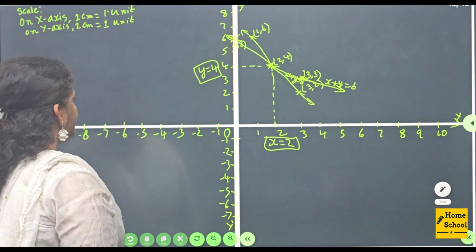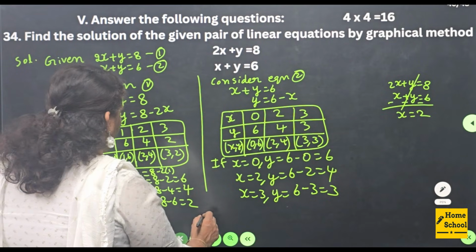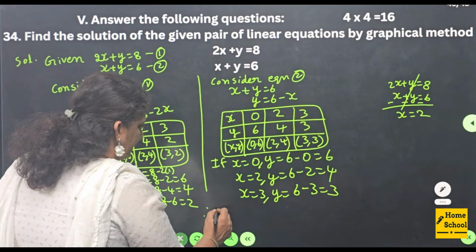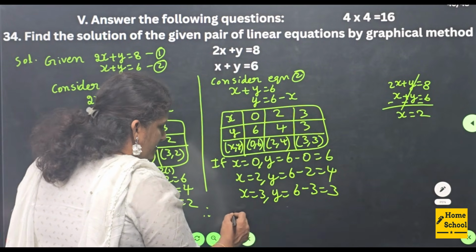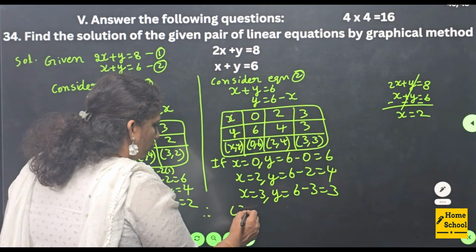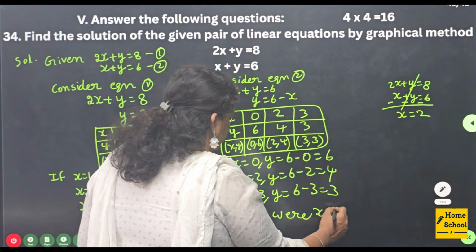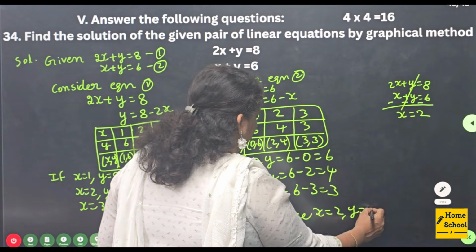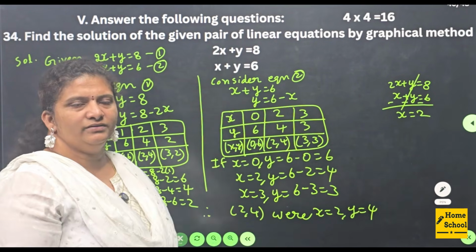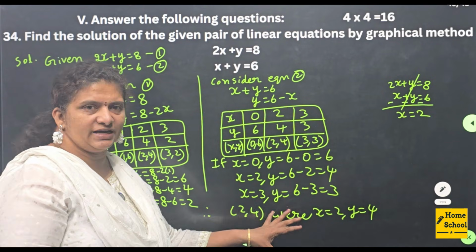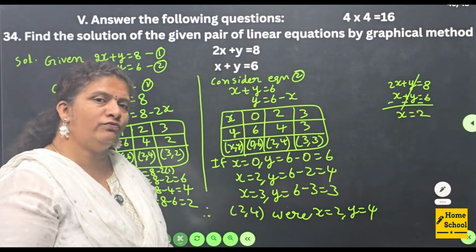That sentence we need to write here: therefore, these two equations are intersecting at the coordinate 2, 4, where x is equal to 2 and y is equal to 4. Right? If you write complete statements and all, you are going to get full 4 marks.